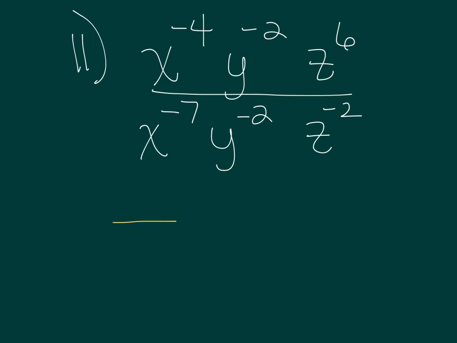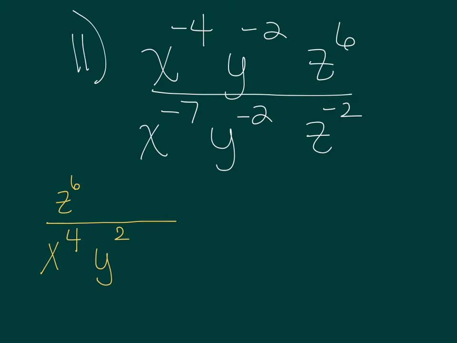All right, so first of all, we've got to switch things that need to be switched. So x to the negative fourth, it's a negative exponent, it goes to the bottom. Y to the negative second goes to the bottom so that we have a positive exponent. Z to the sixth already has a positive exponent, so I'm going to leave it on top where it is.